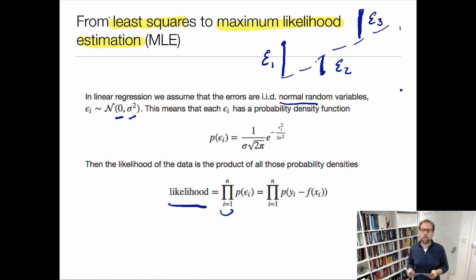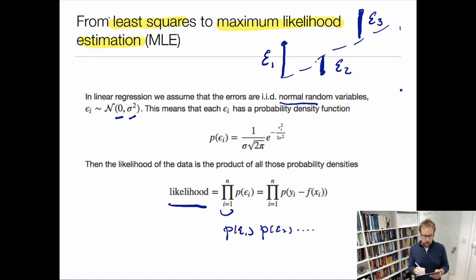In the same way here, I have the probability that this first value was very far out, which is p of epsilon 1. Then I have the probability that this second value was down here at the bottom, p of epsilon 2, the probability of having observed this specific value of epsilon 2, and so on. We take the product of all of them, and each of them is a Gaussian.